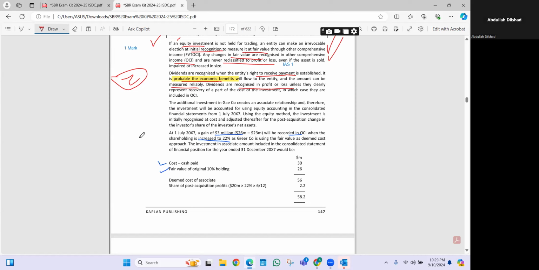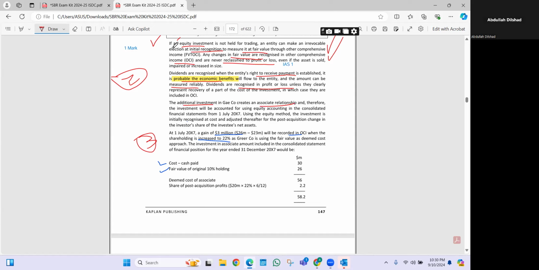So this would give me 3 marks. Here it is. What I told through wordings is mentioned in written format. The additional investment creates an associate.